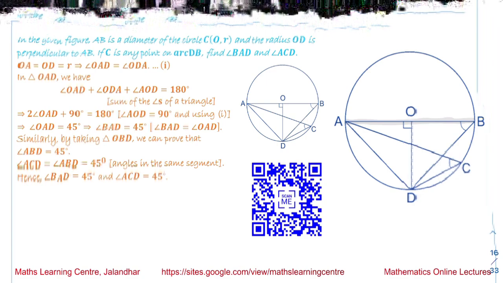Then angle ADB, and angle BID. Now to calculate these values, we have done a construction over here, and the construction is that we have joined the points B and I.